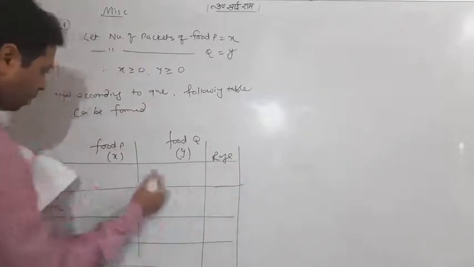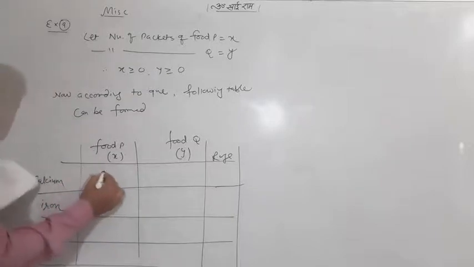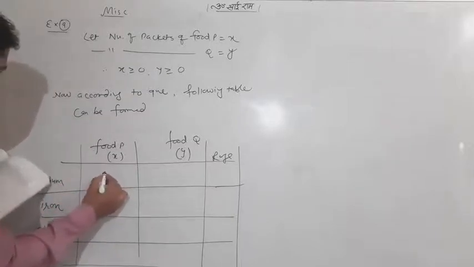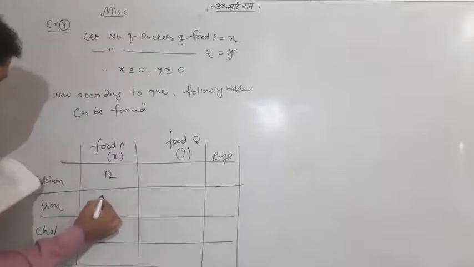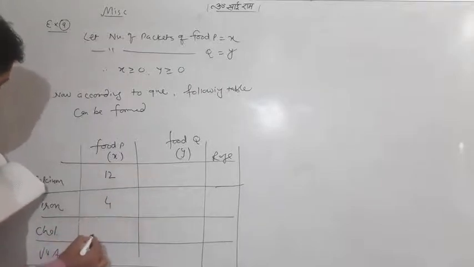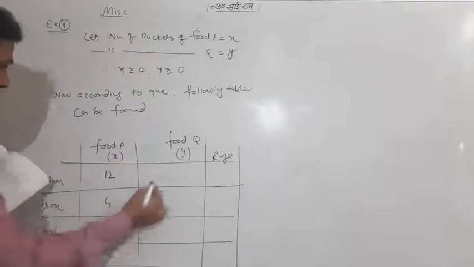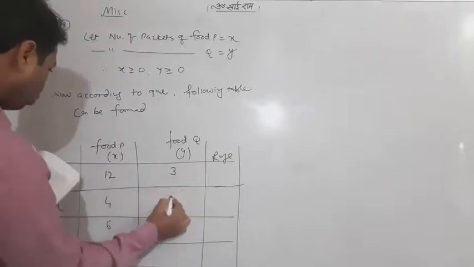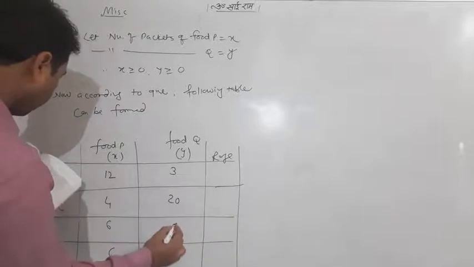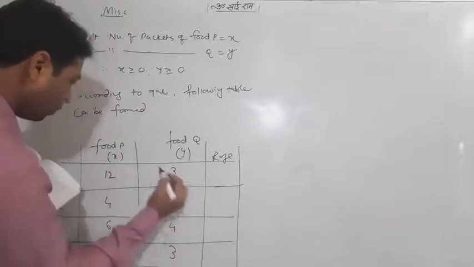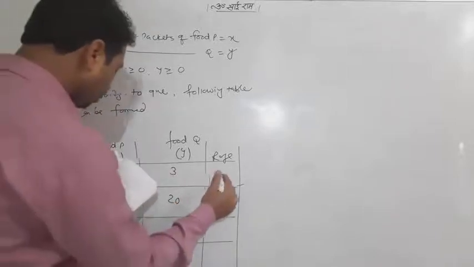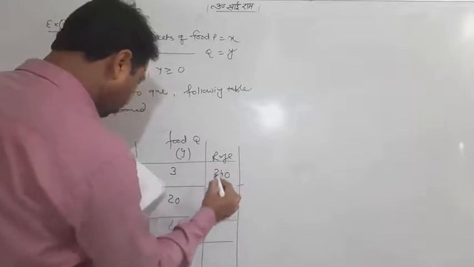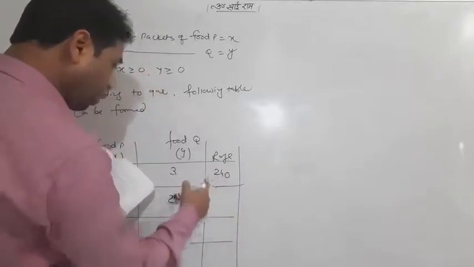Look at calcium: for food P, it's 12 units of calcium per packet, 4 units of iron, 6 and 6. What about food Q? It's 3 units of calcium, 20 units of iron, 4 of cholesterol, and 3 units of vitamin A. The range given for calcium is at least 240.